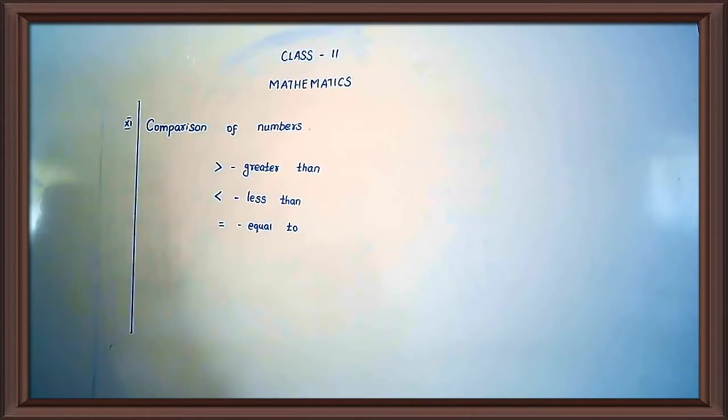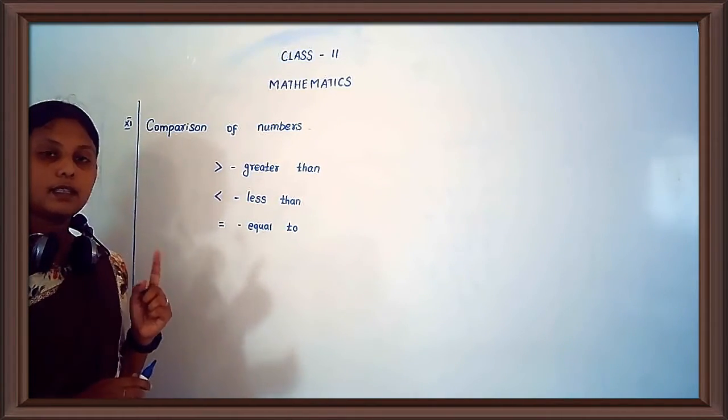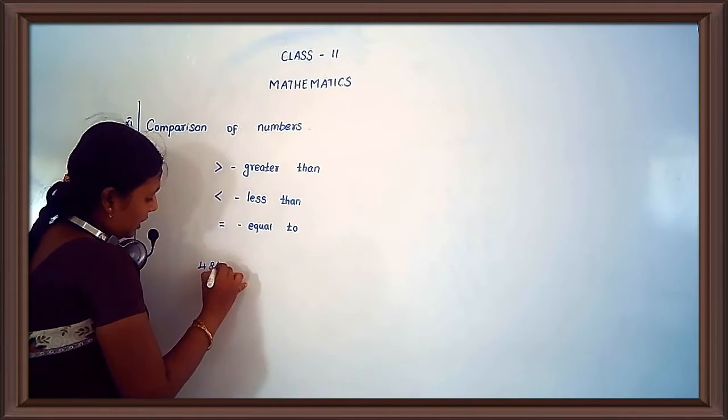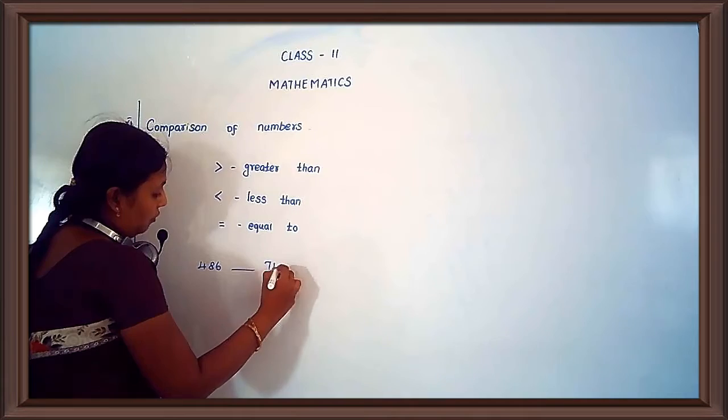One side is a 4-digit number and the other side is a 3-digit number. See here, 486 is a 3-digit number and 74 is a 2-digit number.